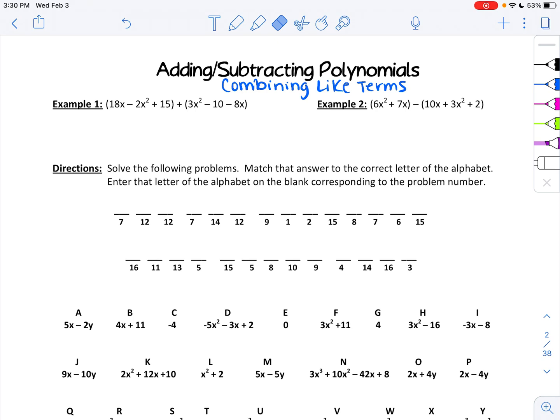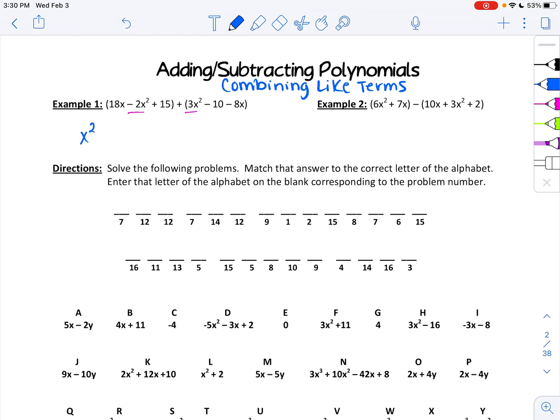And because my answer needs to be in standard form, I'm going to go ahead and start by looking at my highest exponent first. So I'm going to go ahead and combine negative 2x squared plus 3x squared. Negative 2 plus 3 is 1, so that's just x squared.